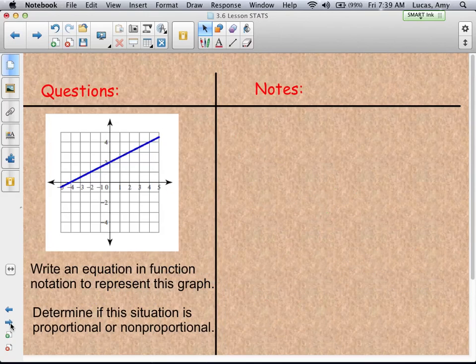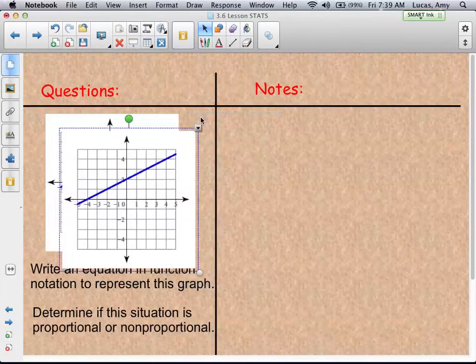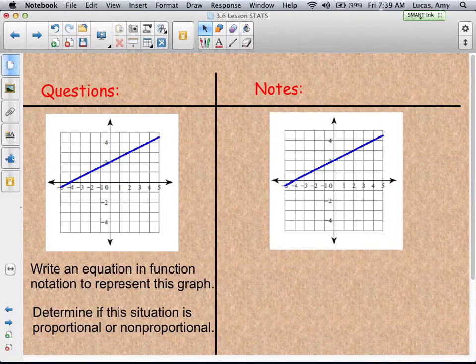Okay, now the second part of our lesson is partially review. So we are going to review writing an equation for our line in function notation, and then we're going to say if it's proportional. So to write my equation, hopefully you recall we need 2 points on the line, and they need to be right where the grid lines intersect.